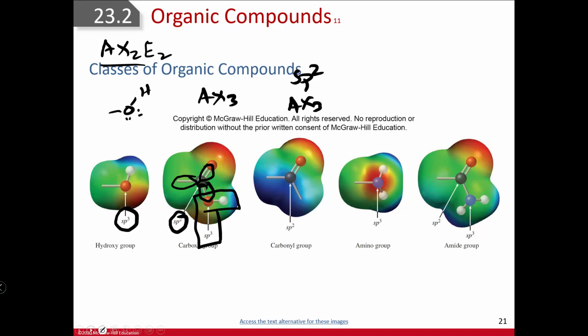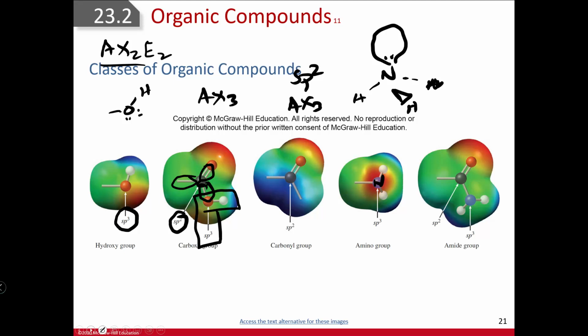All right, and then with the amino group, you got nitrogen here. Let's think about what this looks like. Ammonia looks like this, with a lone pair here. If we knock this out so it can bond with something, now we have the amino group. So you still have 4 things coming off the central atom.